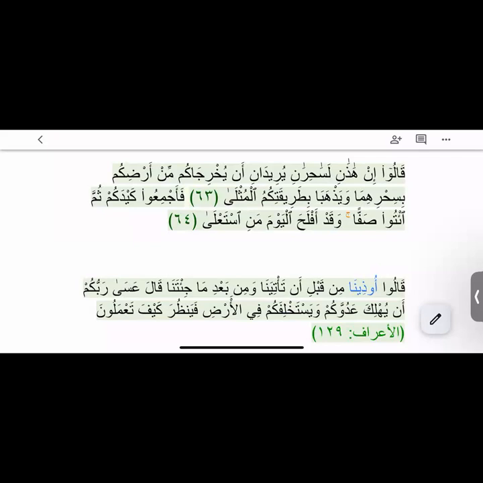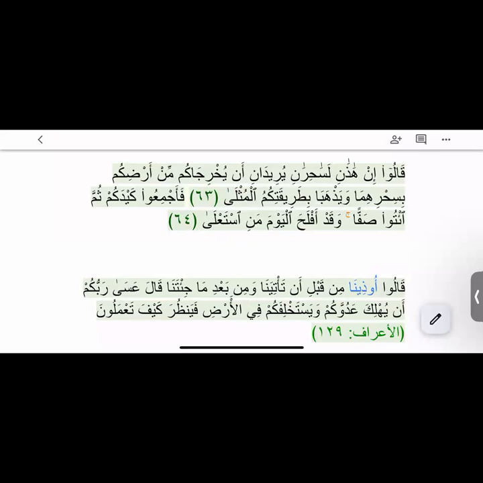What will be the pronoun used for Sahirani, two magicians? Is it going to be huwa, huma, hum, or what? Huma, right? So yuridani. What is the pronoun in yuridani? Is it visible or mustatir? Alif al-ithnayn is the pronoun, and the pronoun is visible here.